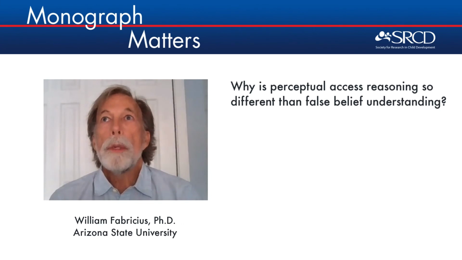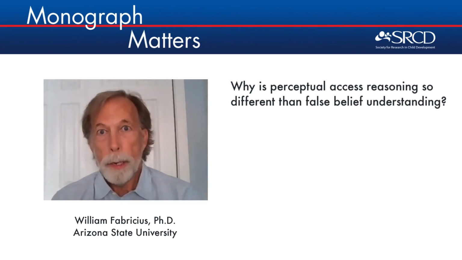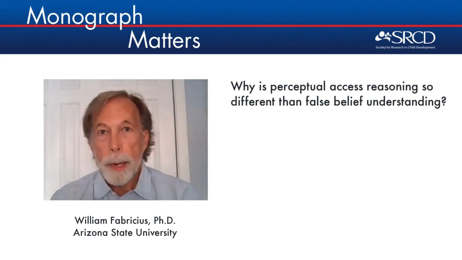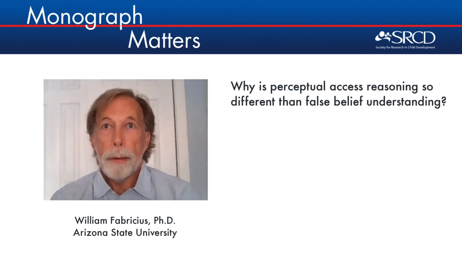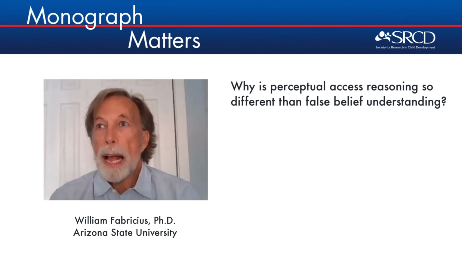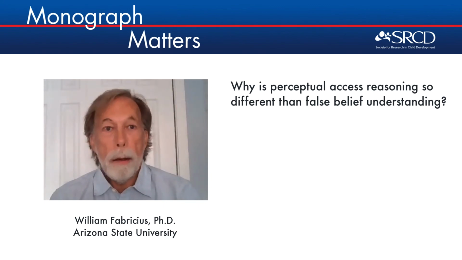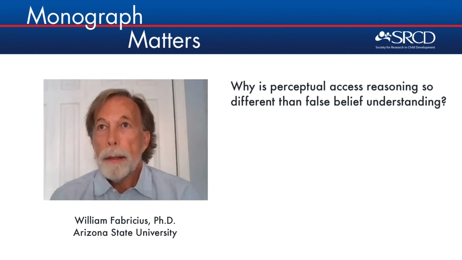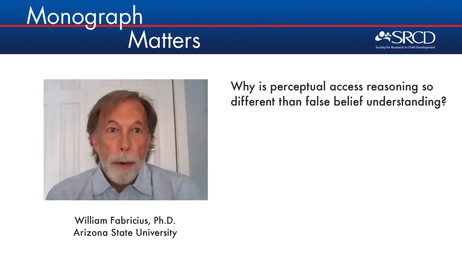someone who sees an object put into a container, and if the person stays in the situation and nothing really changes, a perceptual access reasoner would understand that the person saw it go into the box, and now that person knows. So the PAR user would predict that, as long as the situation doesn't change, this person will look in the right box for it.